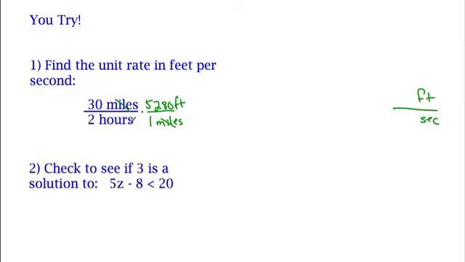So now I need to change my hours to seconds. If I want to get rid of my hours, I need to put it on top. Hours cancels. In 1 hour, there is 60 minutes. Minutes isn't what I want though, so I have to cancel that. 1 minute is 60 seconds. So the minutes cancel. So now I have feet on top, seconds on the bottom, multiply it out.